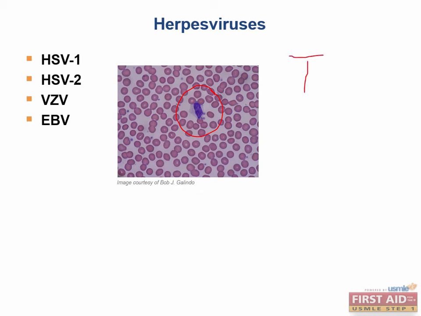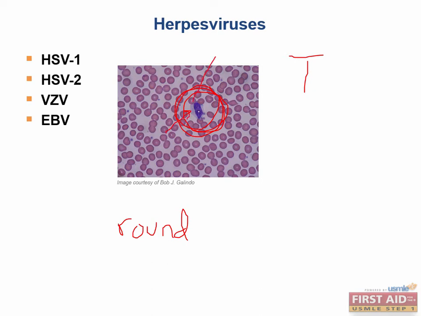And how do we know that this is atypical? Well, typically, lymphocytes are round cells, and their nuclei take up most of the cell's cytoplasm. We can see here that this cell is certainly not round, and there's a lot of excess cytoplasm surrounding this dark purple nucleus.